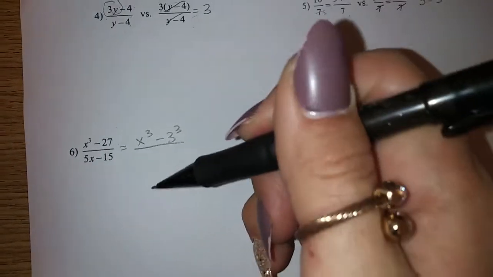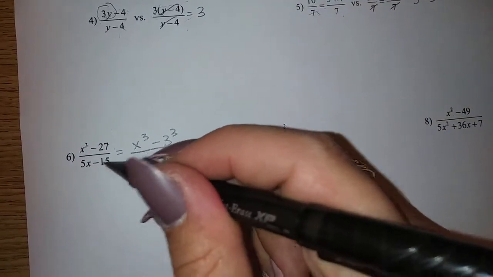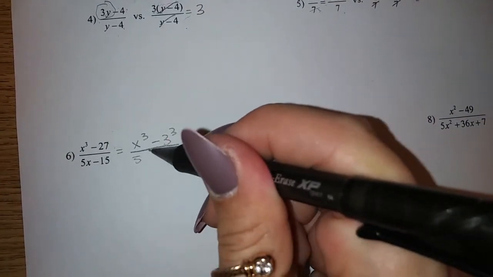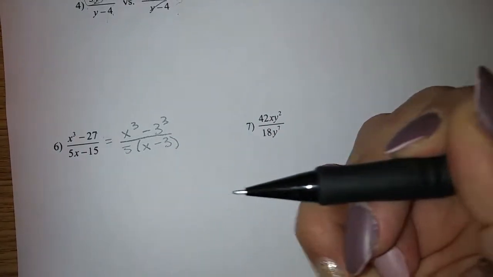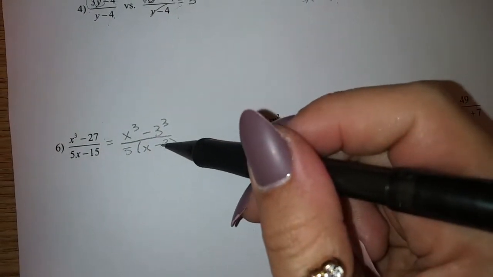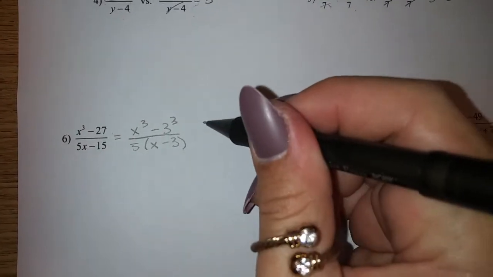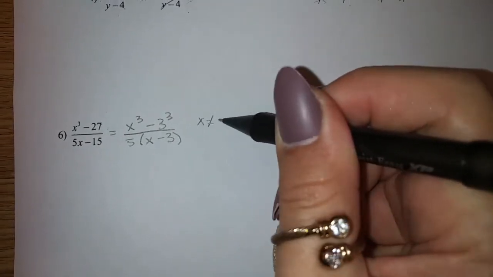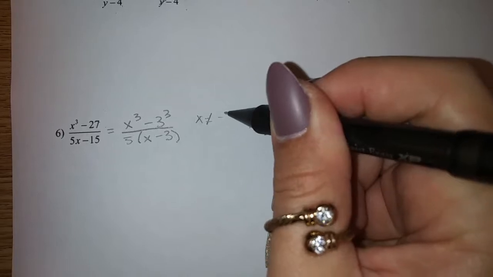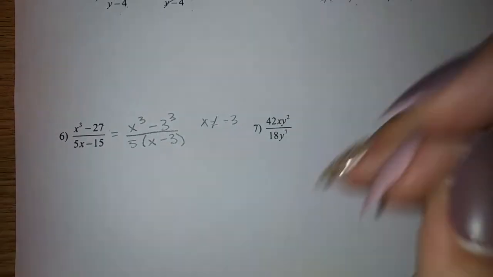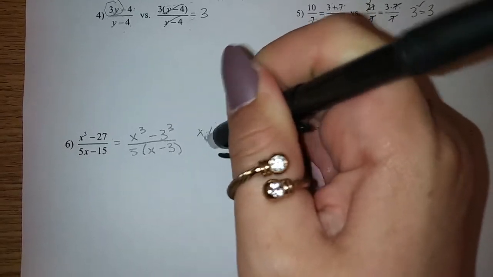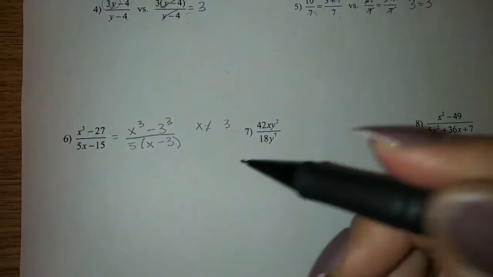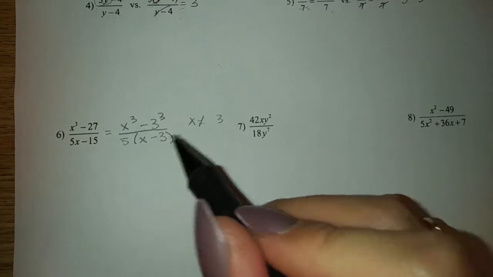This is all going to be over, we're going to take out that GCF, 5 times x minus 3. Now we know that our restriction will be x does not equal positive 3, because if it's positive 3, then this expression becomes 0, and that makes the denominator 0.